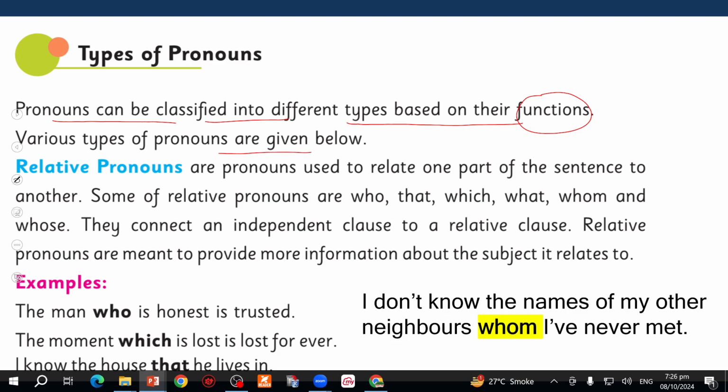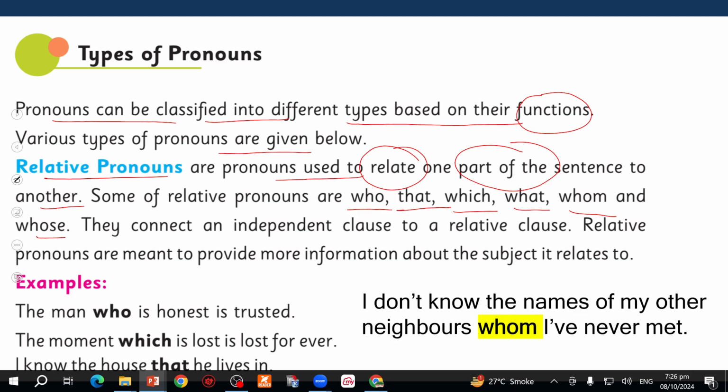First, let us start with a type of pronoun called relative pronouns. They are pronouns used to relate one part of the sentence to another, and that's why we name them relative pronouns. Now, such pronouns are working as a joiner, as a linker. Some of the relative pronouns are who, that, which, what, whom, and whose.